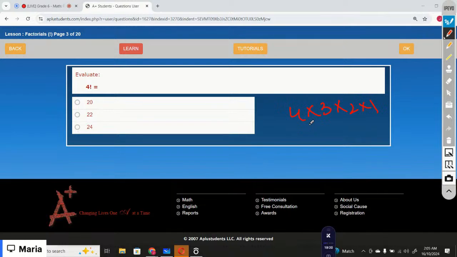Option number 2 for this one, 4 times 3 is 12 and 12 times 2 is 24. So the correct option is 24. Four factorial equals 24. The correct option is 24.